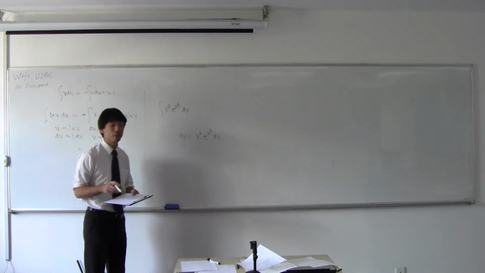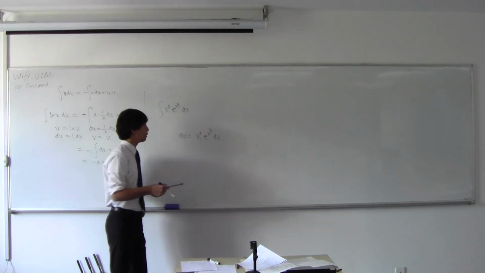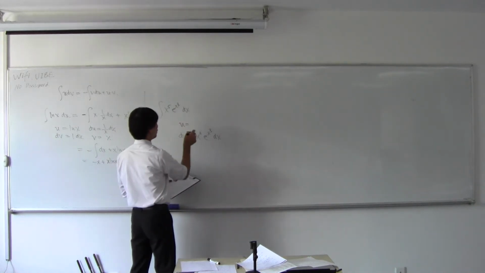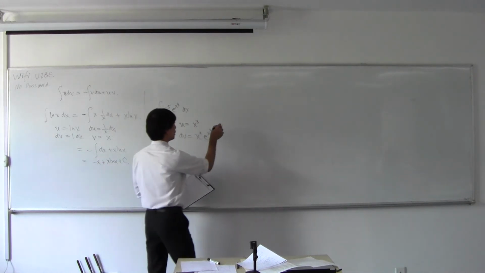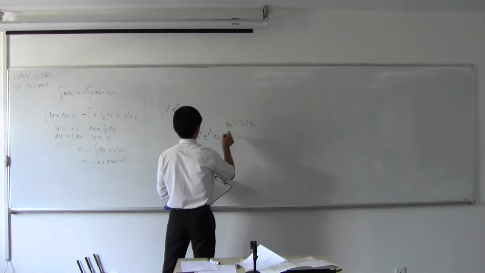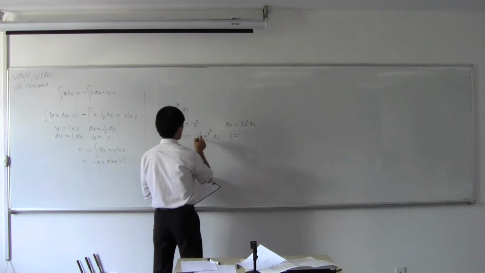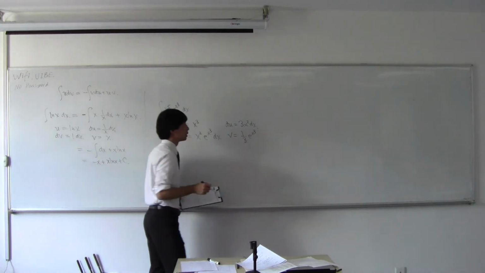Because you actually can integrate that, right? I'm going to take my u as x cubed. Du then is 3x squared dx. V is going to be 1/3 e to the x cubed.